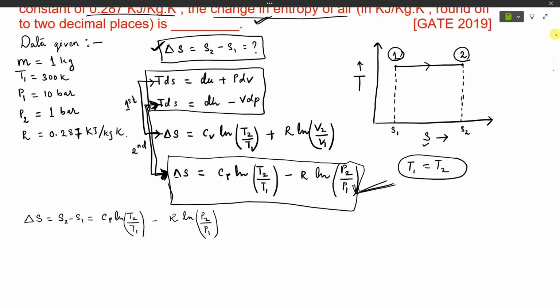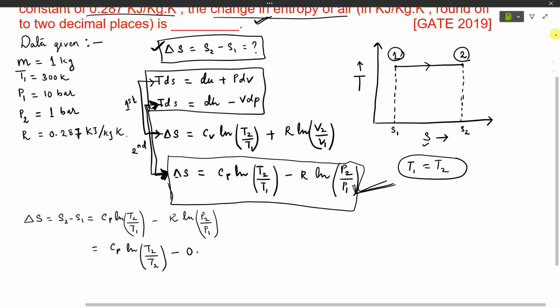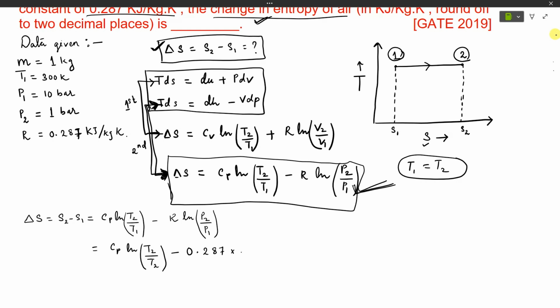So simply if you substitute that, Cp ln T2 by T2 minus R, which is given as 0.287, into ln P2, that is 1, by P1, given as 10 bar.